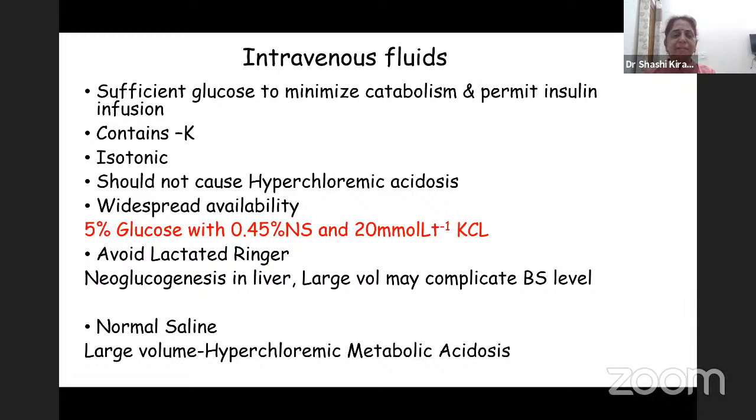And very important, it should be widely available. So the ideal fluid is 5% dextrose with 0.45 normal saline and 20 millimole per liter potassium chloride. Ringer lactate should be avoided. Normal saline can be used and we are using it, but a word of caution: larger volumes should not be used as they can result in hyperchloremic metabolic acidosis.